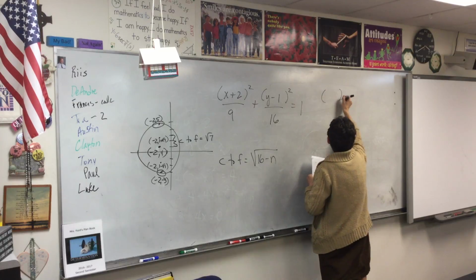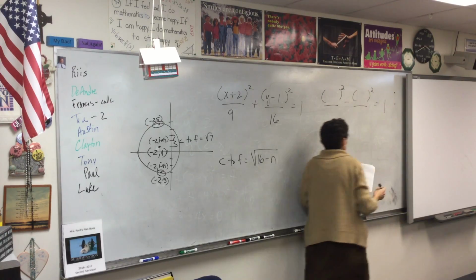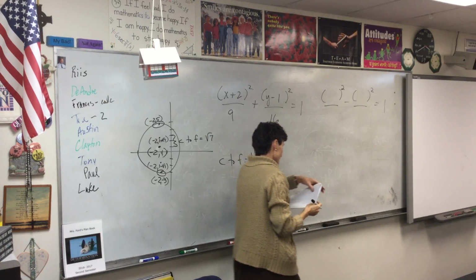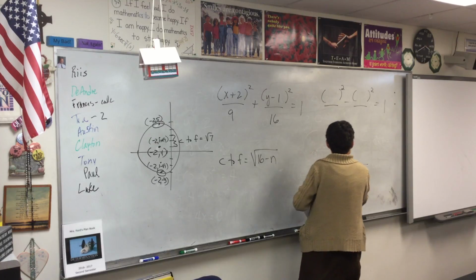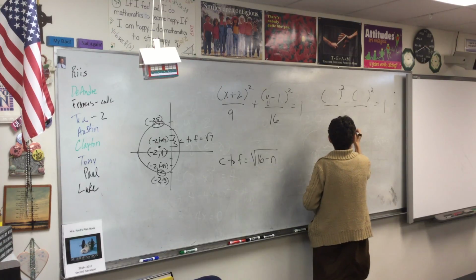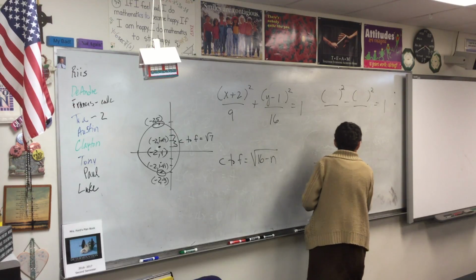Now I'm going to do a hyperbola. So here's my setup for the hyperbola. And I know the vertices are 2, 6, and that's a vertex, and 2, -10.